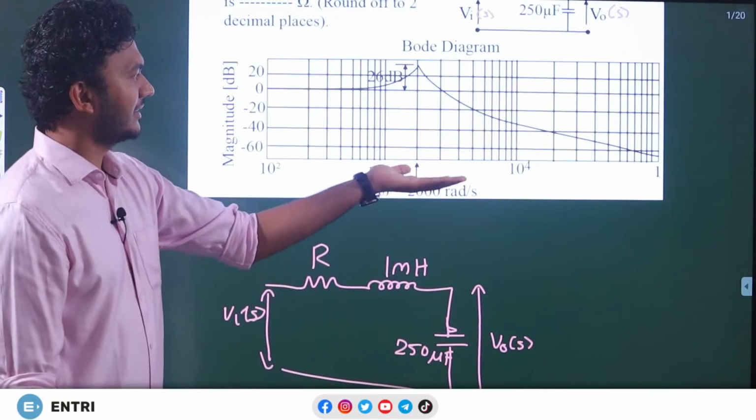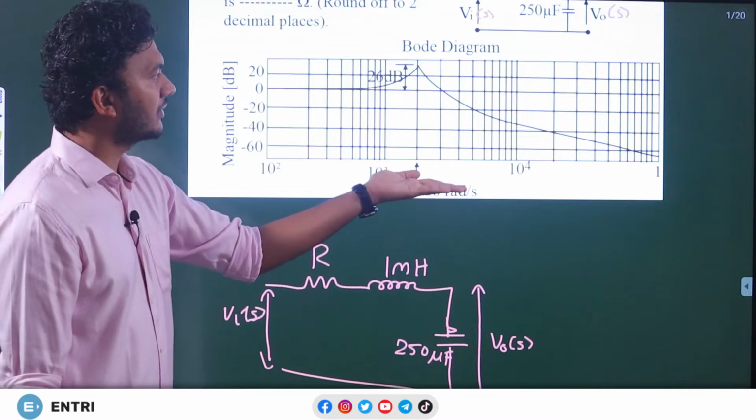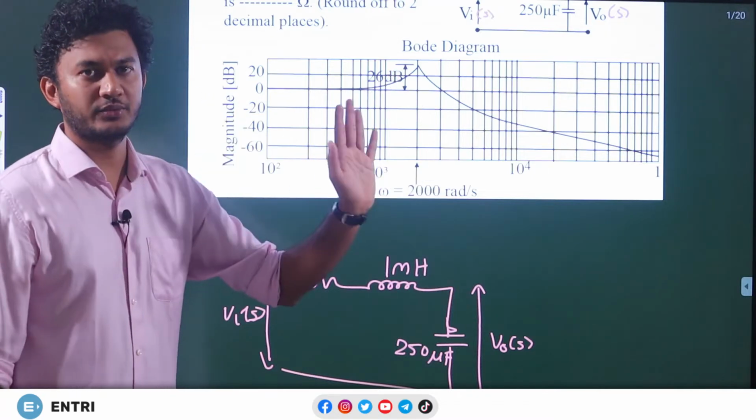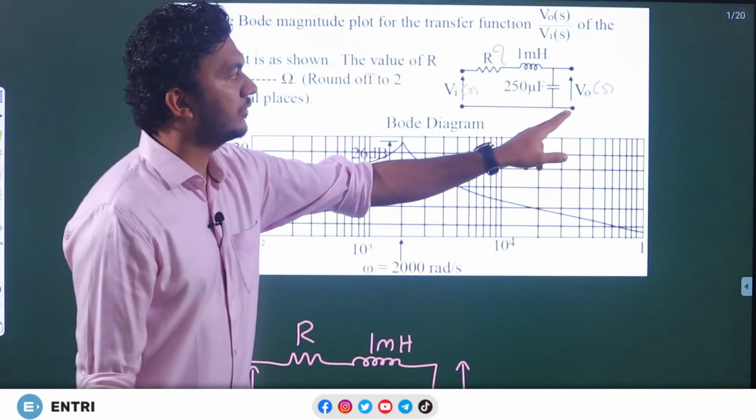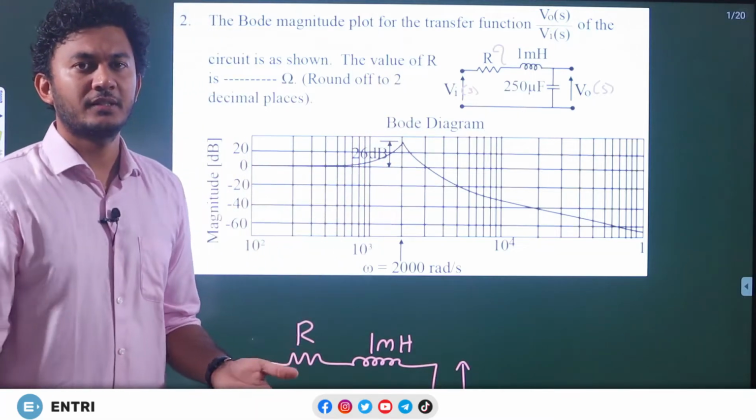There is nothing new. At omega equal to this, I have my magnitude, and how can you get the magnitude? From the transfer function, that is all.